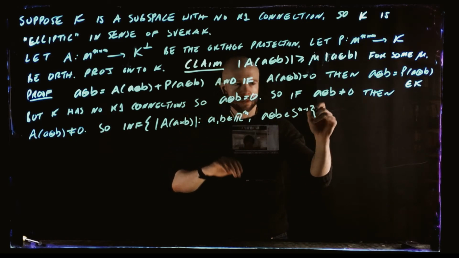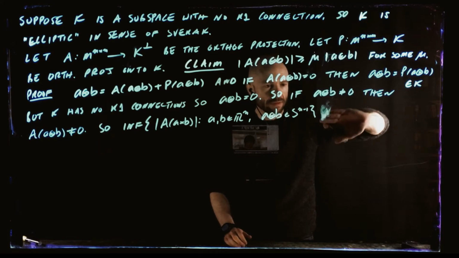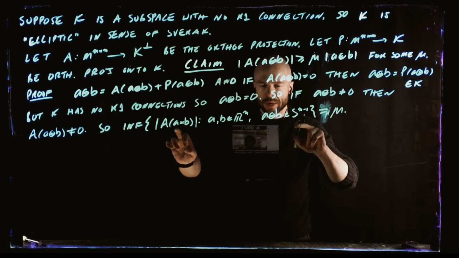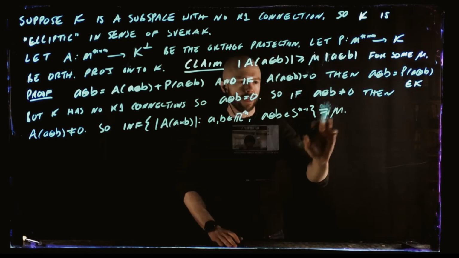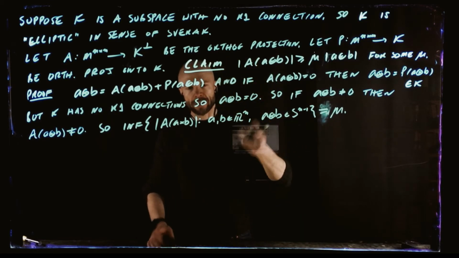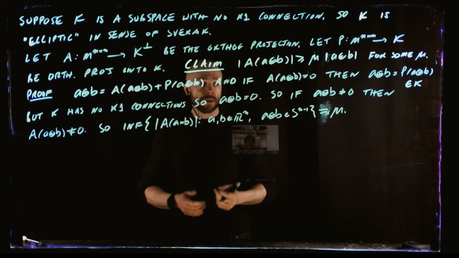So this is strictly bigger than something, and let's give it a name. Let's call this infimum mu. You agree that by compactness this is a closed set, because having rank 1 is a closed condition. So we must have this.